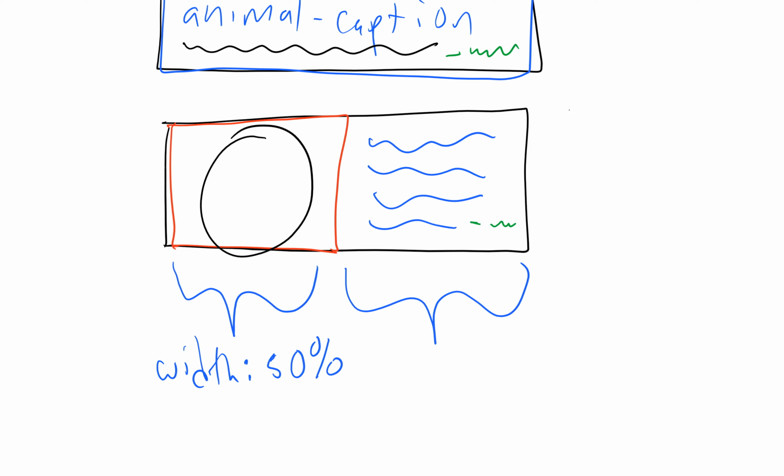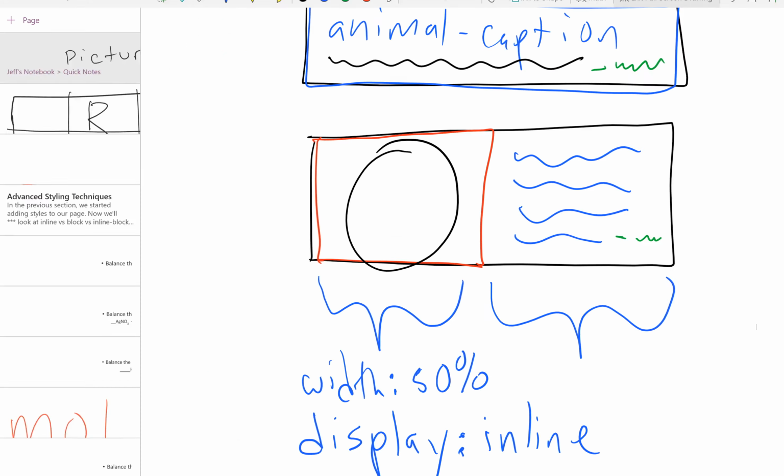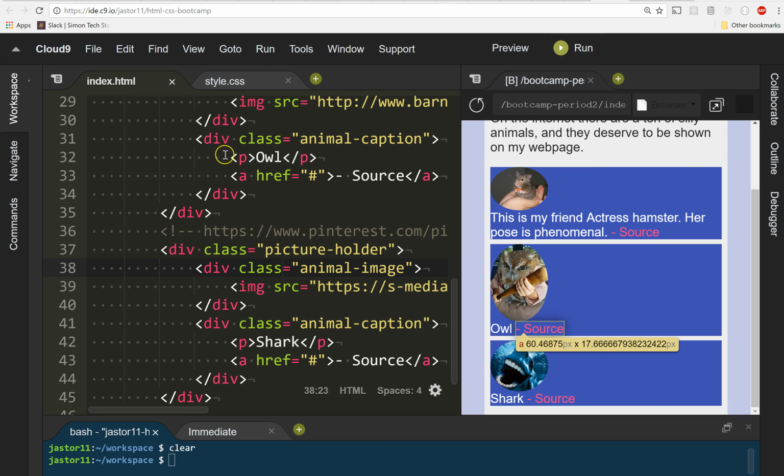But they're not going to do it right away. I have to give them a display property. How should I display them? Because right now they display blocks, so they take up their own row. We could display them inline or inline block. Let's see which one works and why.